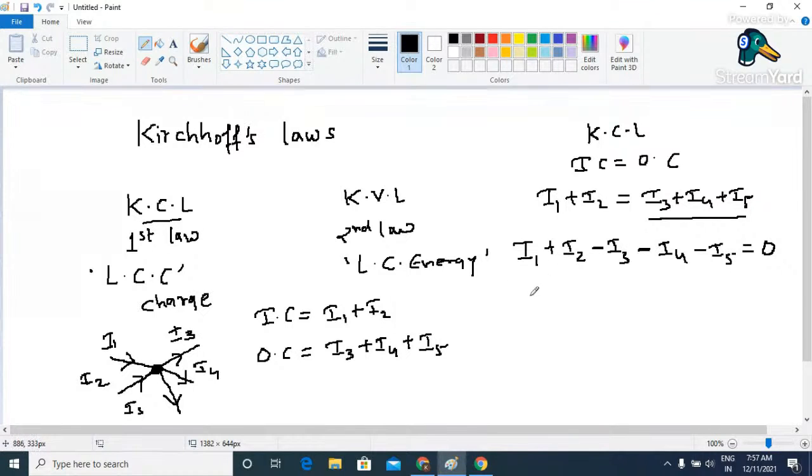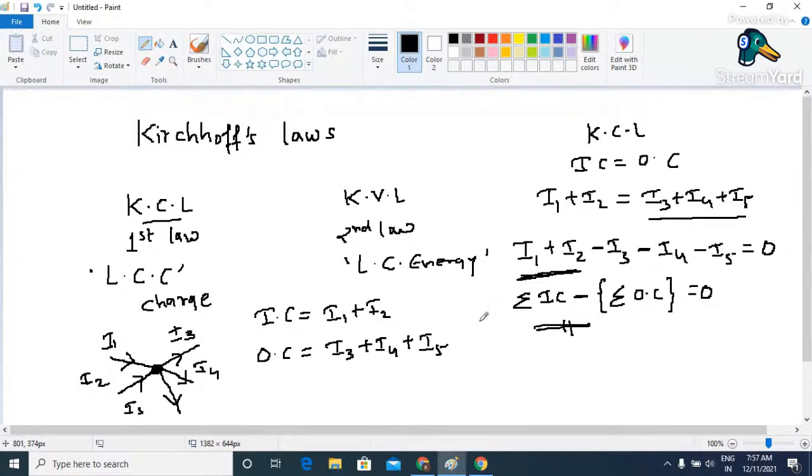Or I can write I1 plus I2 as summation of incoming currents. Then if I take the negative sign as common, I can write this equation as summation of all outgoing currents, which is going to be 0. And this is the statement for Kirchhoff's current law.